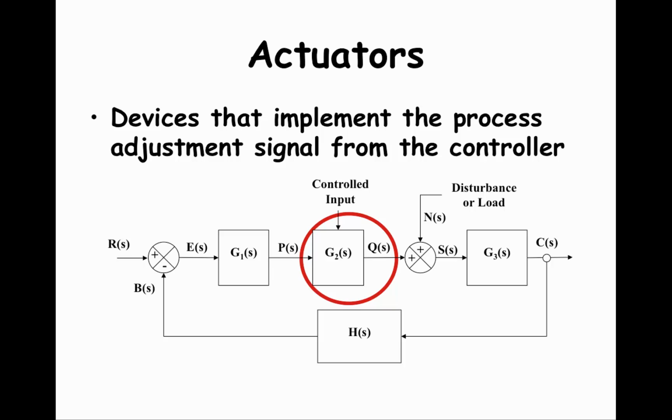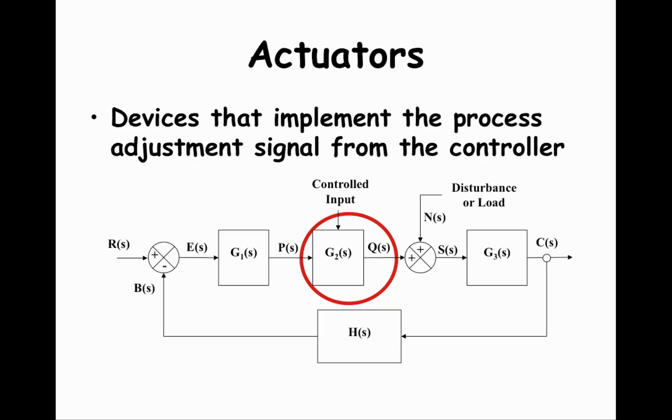The output of the actuator is labeled as QS. QS describes the amount of the controlled input that is actually entering the process element, G3. This means that we will think of PS as a control signal which provides information to the actuator, but no material.